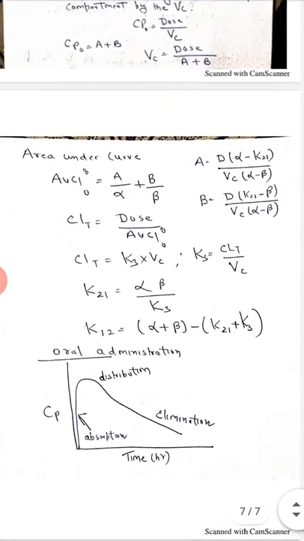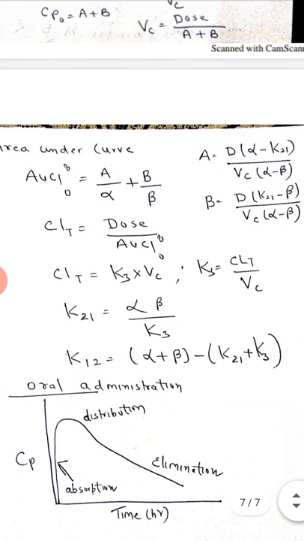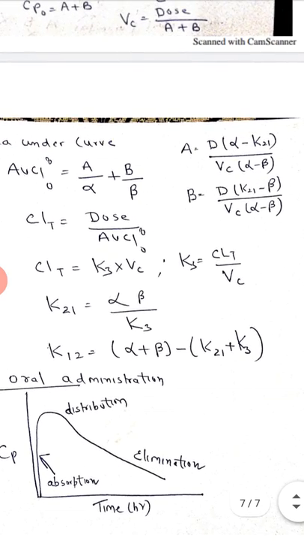Now we'll see the formulas, how to calculate in two compartment models. AUC, area under the curve. What is the formula to calculate AUC from 0 to infinity in the case of two compartment? AUC 0 to infinity is equal to A divided by alpha plus B divided by beta. You find out the values of A, B, alpha and beta, substitute them, and you can find the value of AUC.